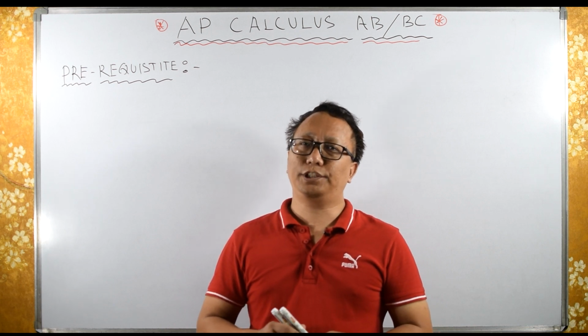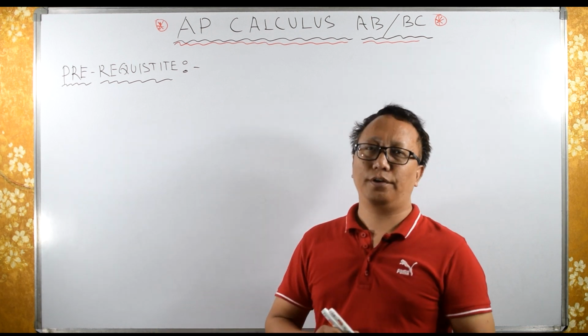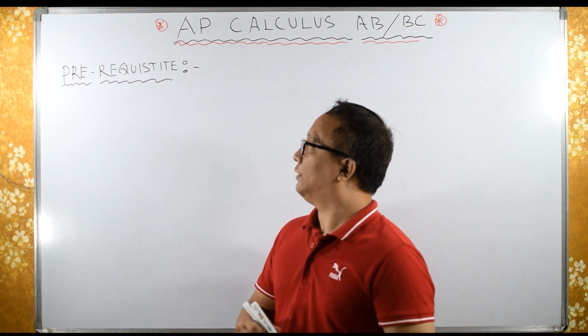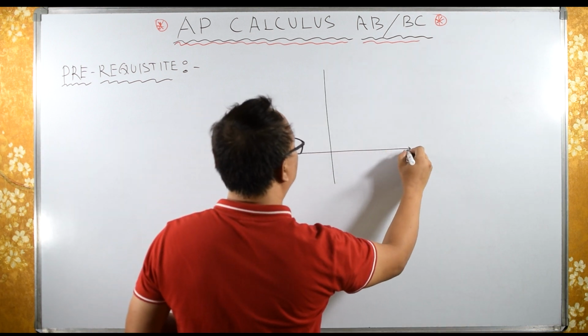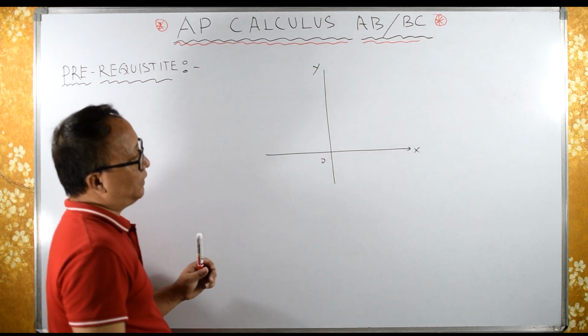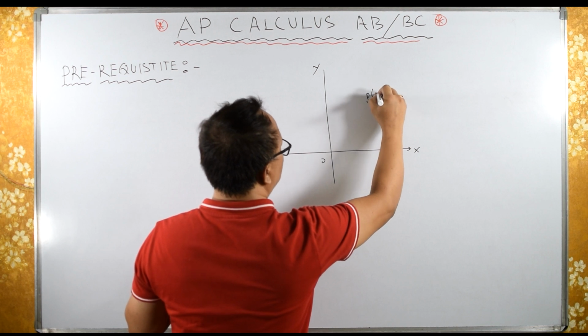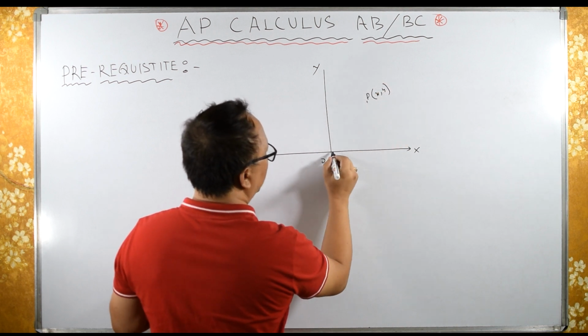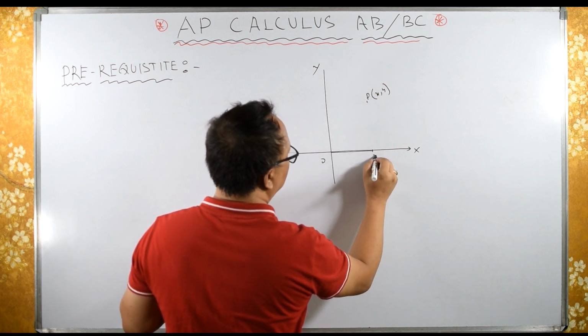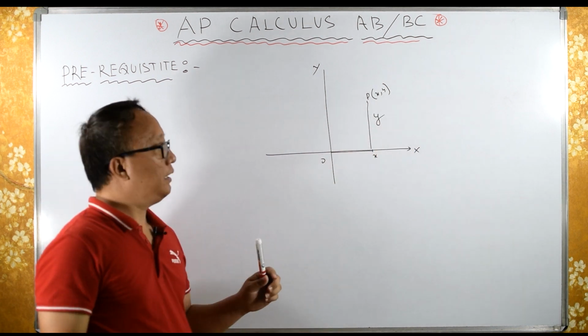Now let's talk about trigonometry. Trigonometry is a very important chapter, a prerequisite for calculus. I have in 2 dimensions x and y, and then if I have point P over here, point P is (x, y). It means the x-axis goes over here, this is x, and y-axis goes here, y.